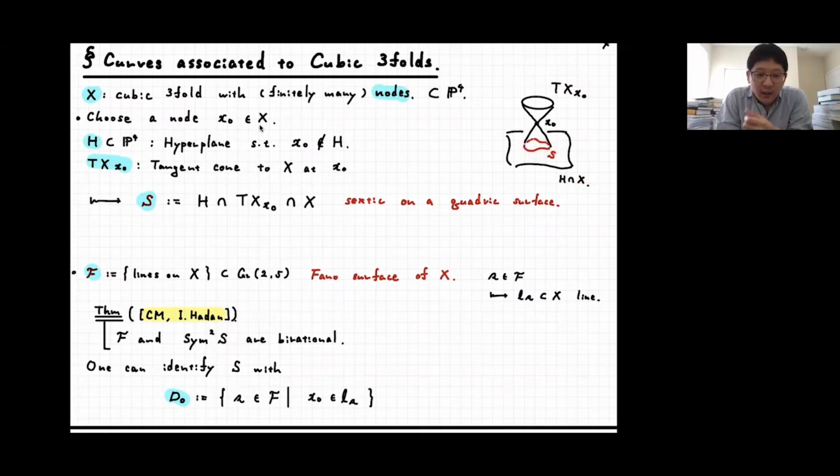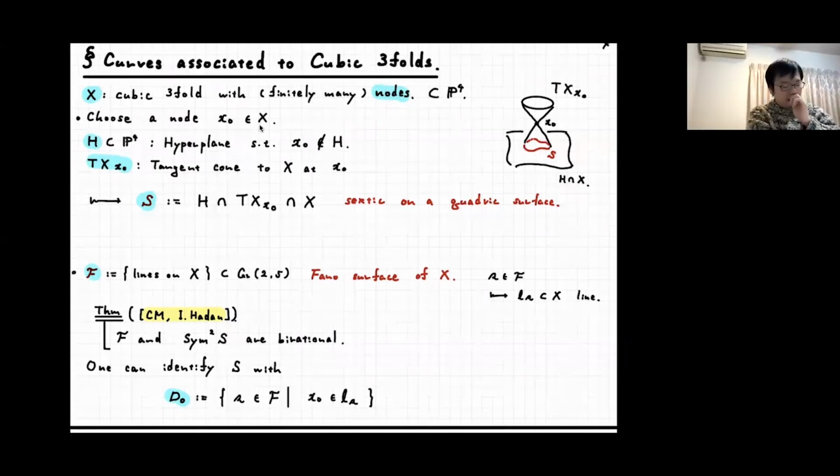I see. Yes. And when I determine this X, then this F is given. But when I change this H, this result tells me that S is somewhat determined regardless.